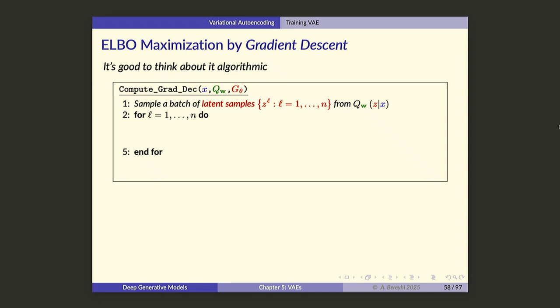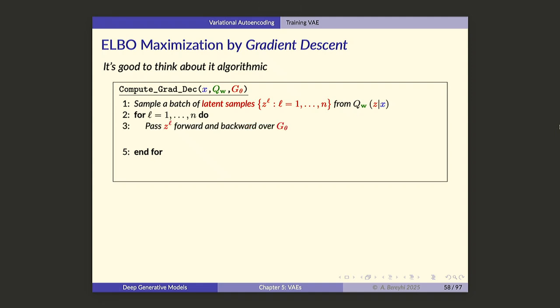What I want is to compute the gradient with respect to decoder, right? So I'm going to sample from that encoder a batch of samples, right? So the Z_l, as you see here, are n different samples coming all from the encoder, that conditional Gaussian distribution, right? So I pass X over my encoder, I get the mean and variance, and I take a bunch of samples, right? Now that I have these samples, I go inside a loop.